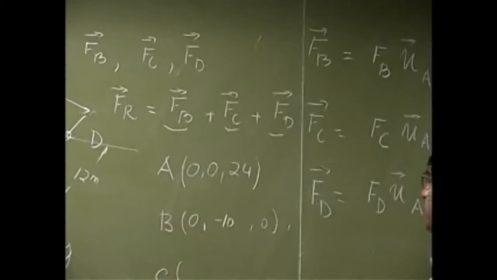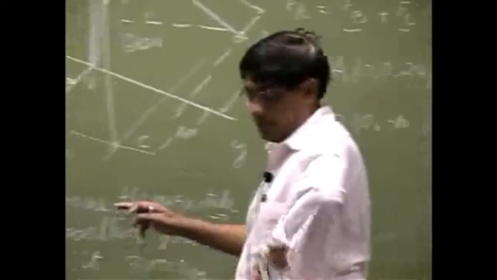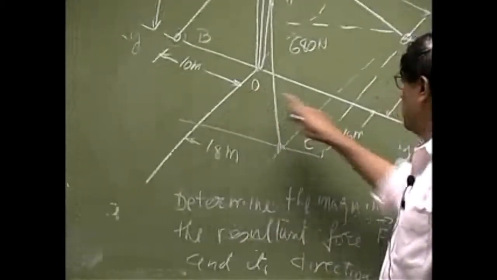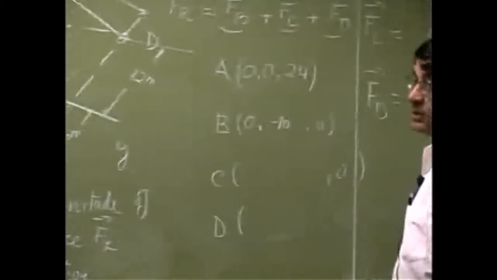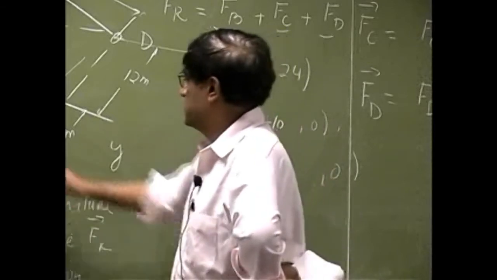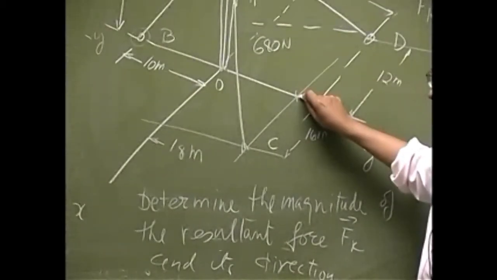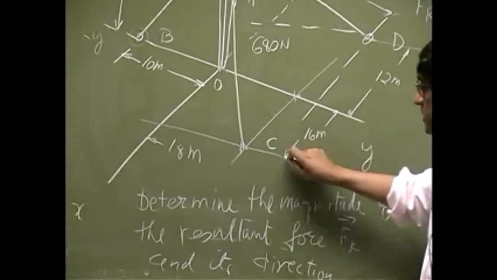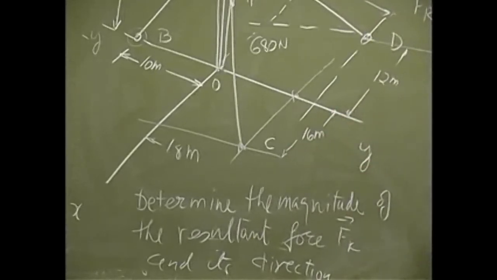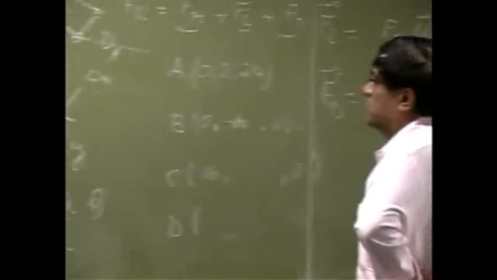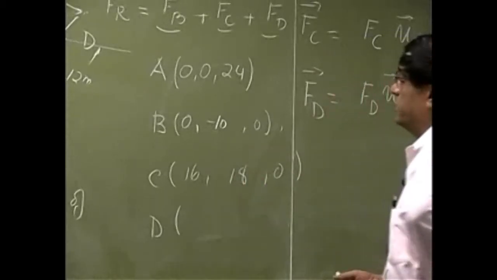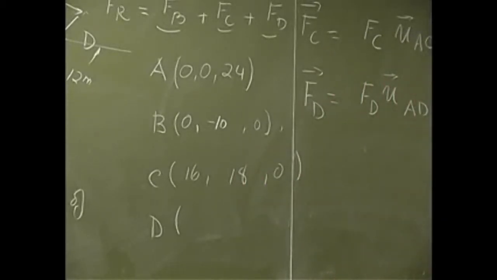Then we look at the point C, and that point happened to be on the x-y plane. So since it's on the plane, your z-coordinate will go to 0, and then from here if you drop a perpendicular on the y-axis, this distance should give you the x-coordinate, so that's 16 in this case, and then this distance here should give you the y-coordinate, and that happened to be 18.